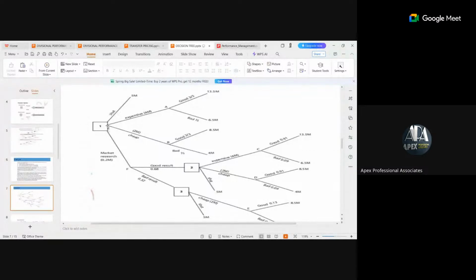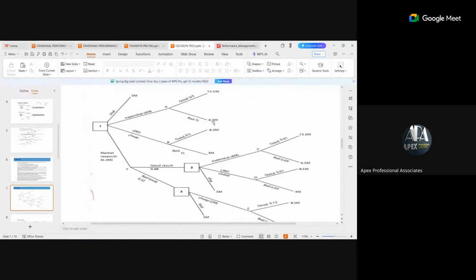So when you are shutting down, you get a return of what? 5 million. When you are making a choice of expensive refurbishment, it can either result in an outcome of good or bad. When it results in a good outcome, the expected return is 13.5 million. The probability of being good is 2/3, of being bad is 1/3.